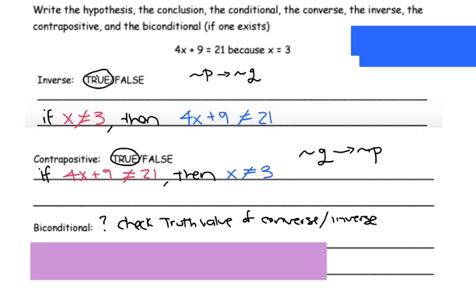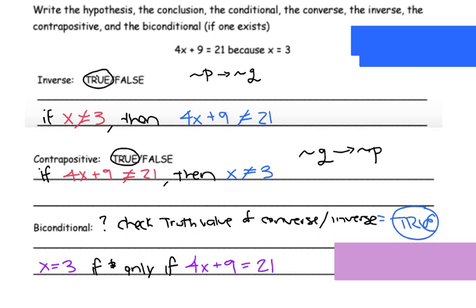So for your biconditional, check your truth value of your converse and inverse. Notice that both your converse and inverse were true statements. So if they were both true, then we actually can write a biconditional. So here we go with our final answer. The biconditional of our conditional statement is x equals 3 if and only if 4x plus 9 equals 21. All right, so hopefully you guys are digging this logic. And I'm out. Adios.